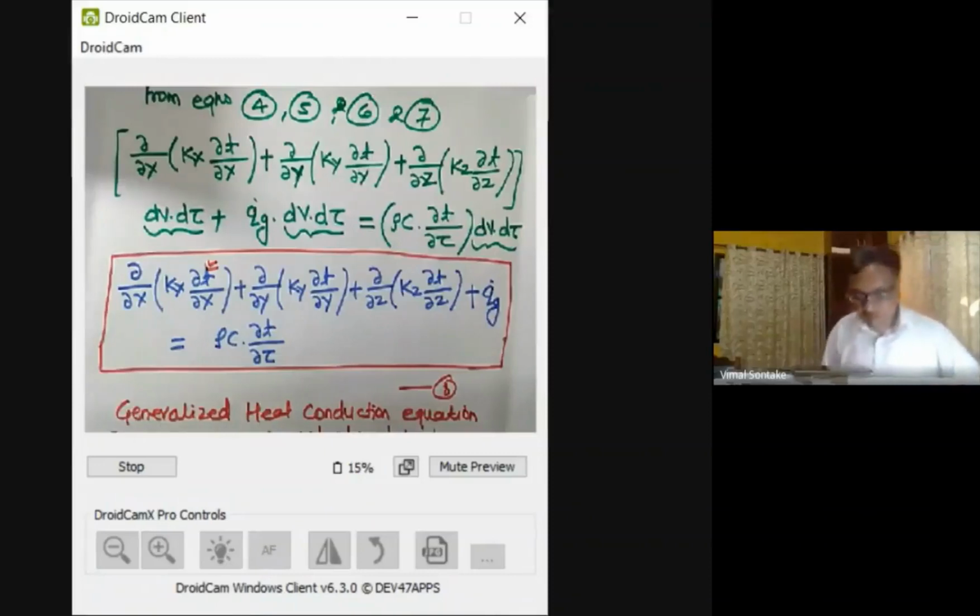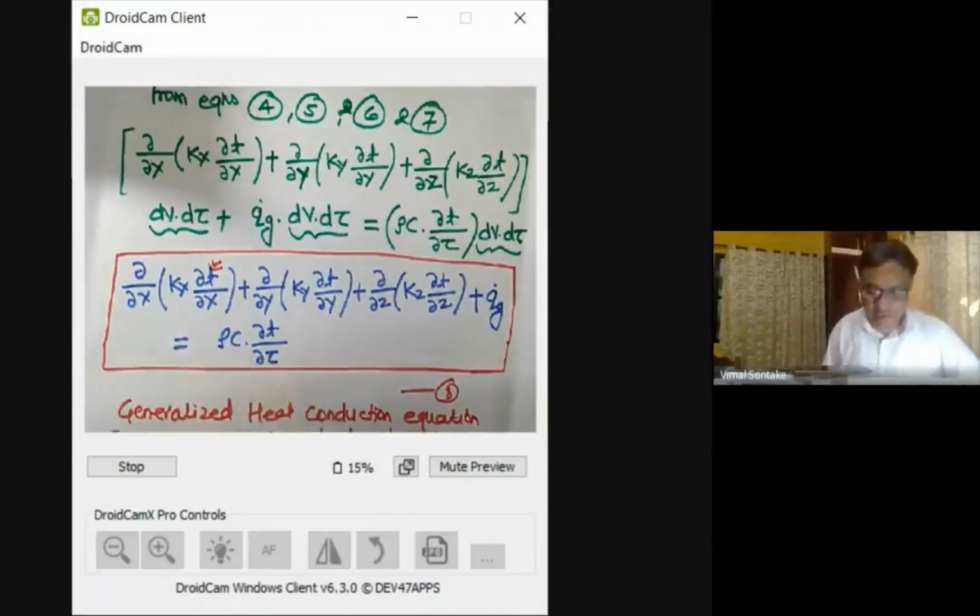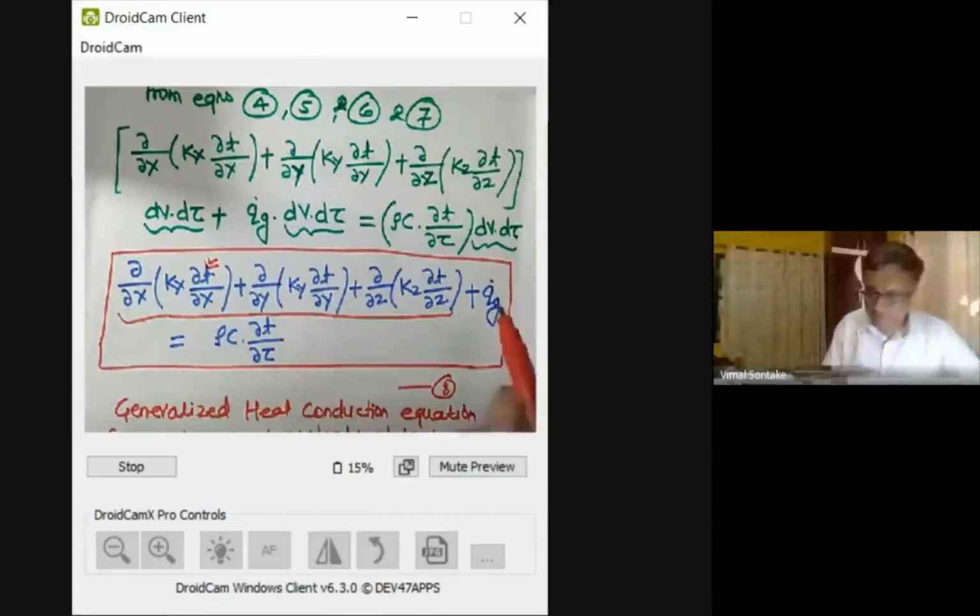Okay. Now this is the combined equation. These three terms take into account the effect of three-dimensional heat transfer. This term takes into account the temperature variation due to heat generation, and this term takes into account the variation of temperature due to unsteady state heat transfer.